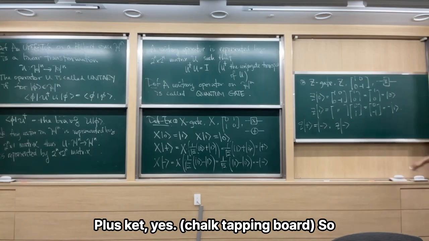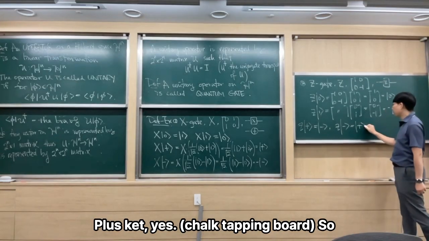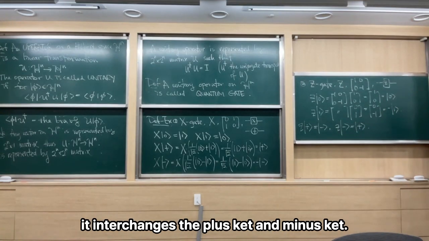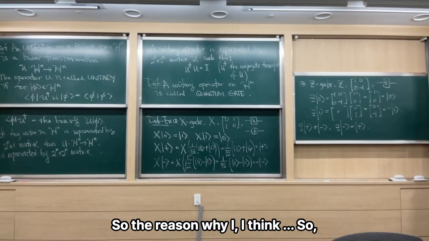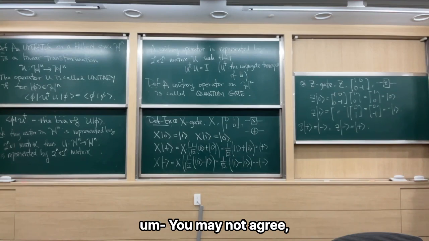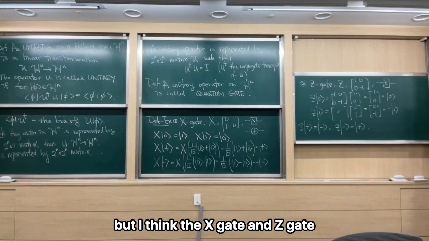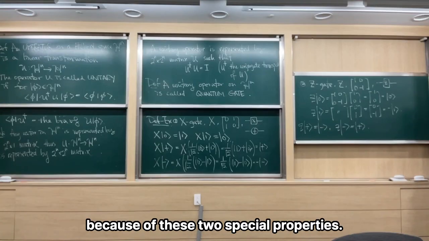Plus ket, yes. So it interchanges the plus ket and minus ket. So you may not agree, but I think the X gate and Z gate are the most important among all the quantum gates because of these two special properties.